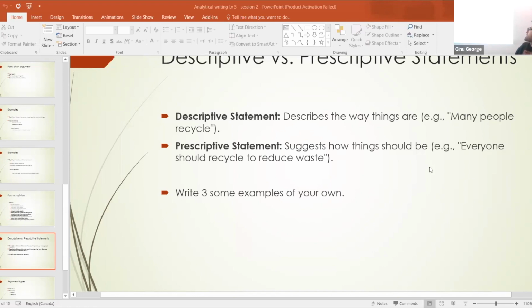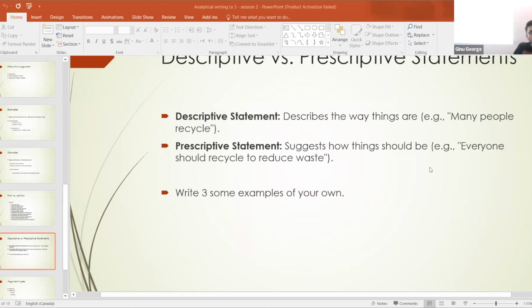Basically, it's a statement that just describes the way something is, like many people recycle. A prescriptive statement is a statement about how things should be or shouldn't be. So like everyone should recycle or everyone should not recycle.